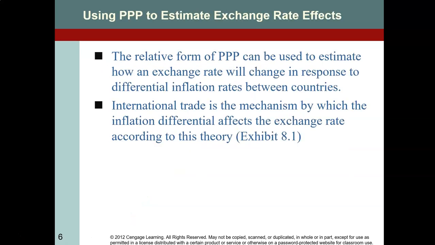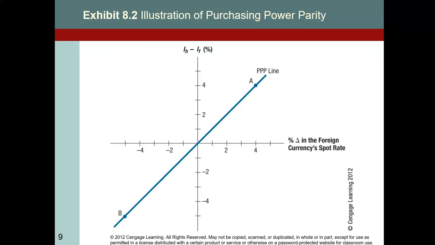If the difference between the inflation rates of the two countries is -5, like point B, then the change in the foreign currency spot rate is also -5.